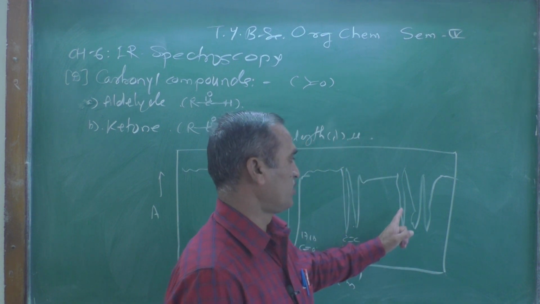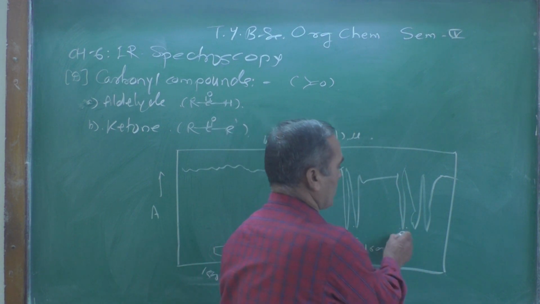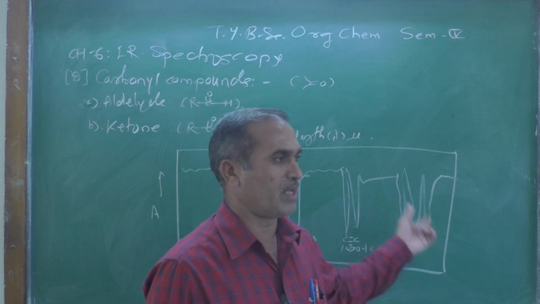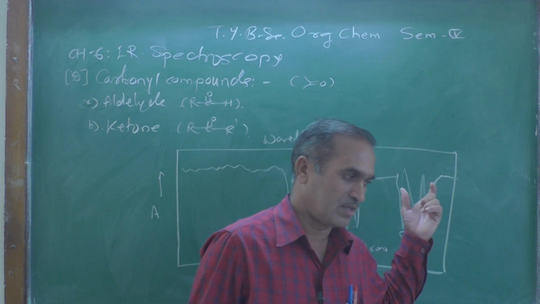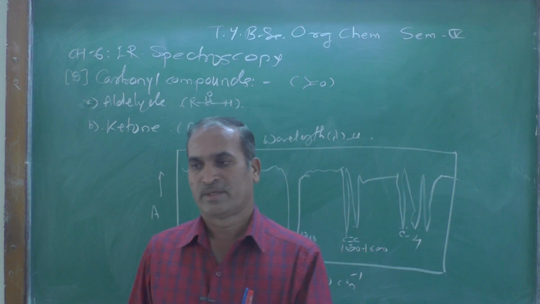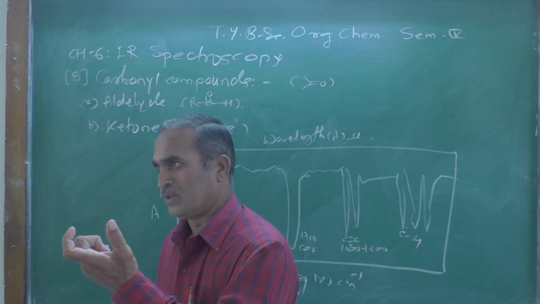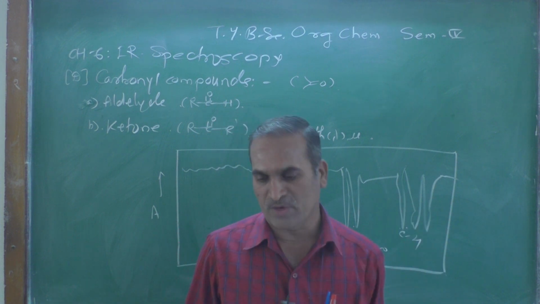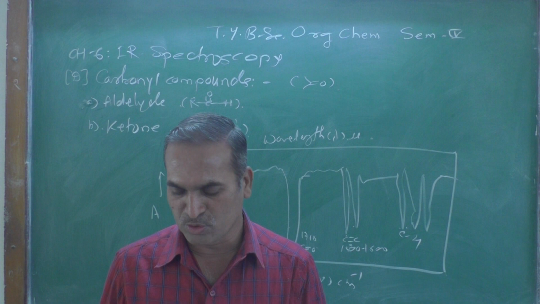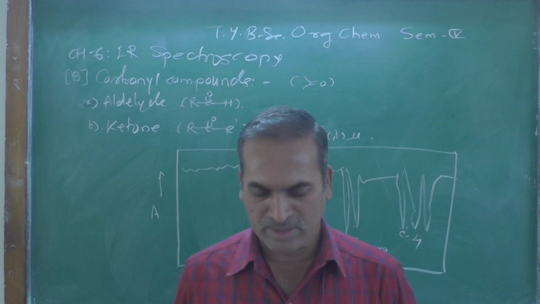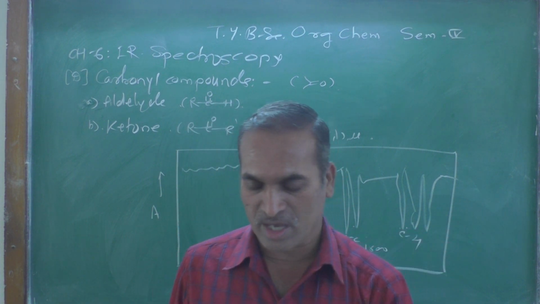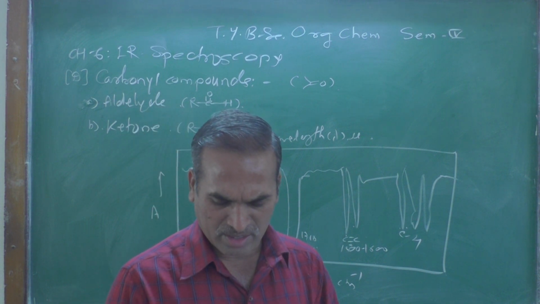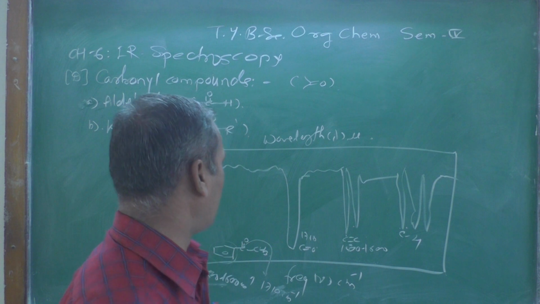But here you can clearly see these are due to the CH bending vibration, from which we can know the substitution pattern of the aromatic compound, here mainly a monosubstituted aromatic compound, and that's why this type of peaks are observed over there. And now let's see another one: the acids and the esters.